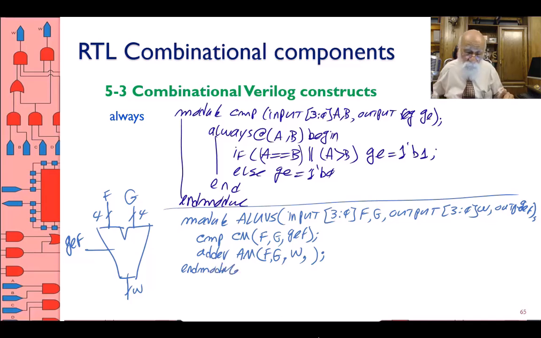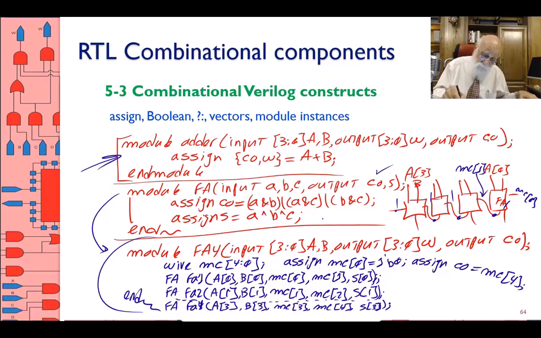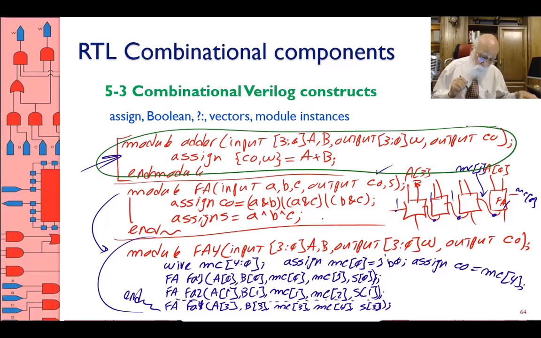So let me do the drawing here. What I have is a comparator. It takes these two, and the GE output of it connects to GEF, and then I have an adder. I instantiate that.